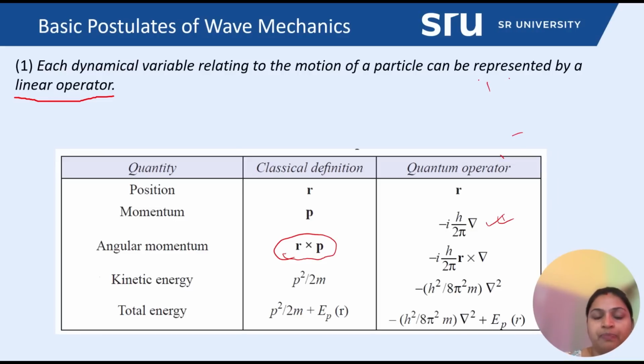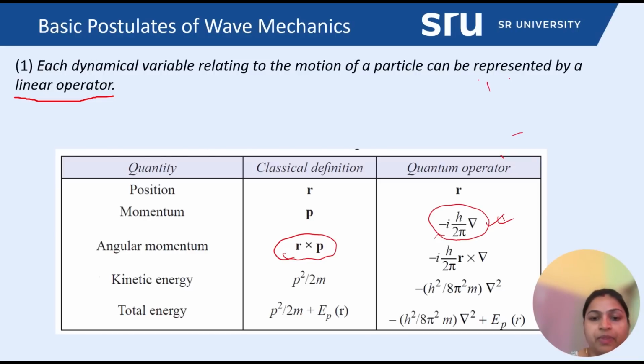Similarly for the kinetic energy, p square by 2m, we can use the p operator, squaring it with del square and then dividing. If we simplify this, we get minus h square divided by 8 pi square m, whole into del square.